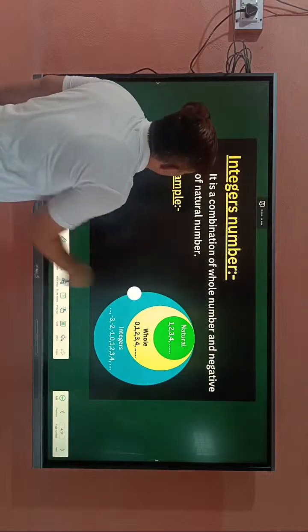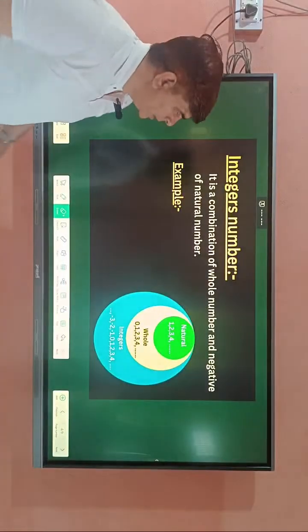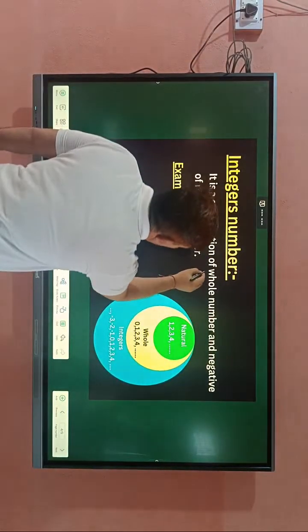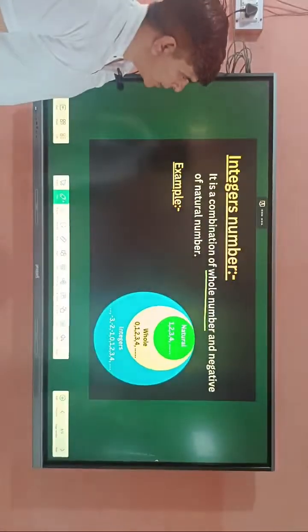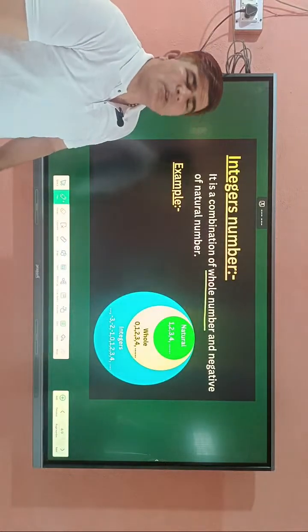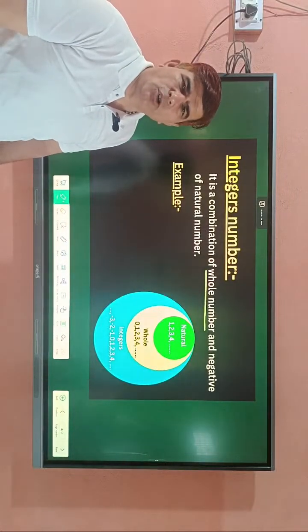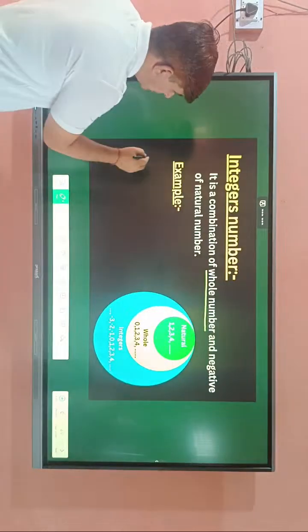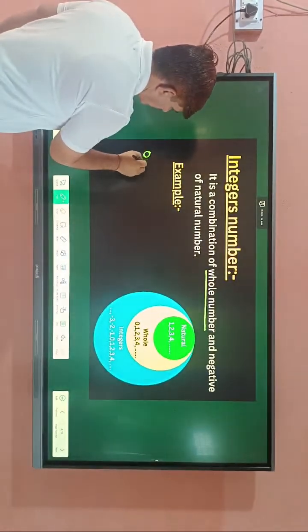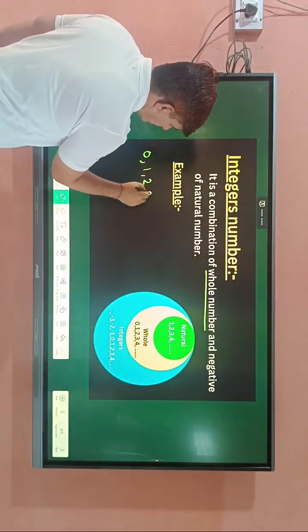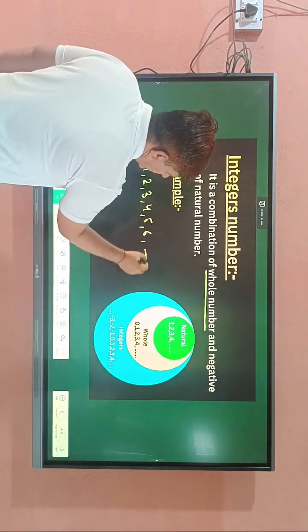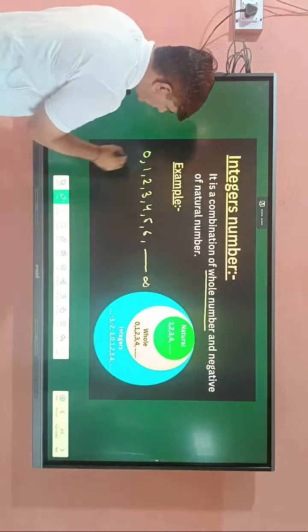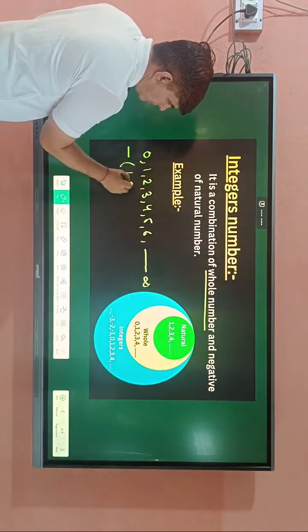It is a combination of whole numbers and the negative of natural numbers. So what's its meaning? These are the whole numbers till infinity. And what is the negative of natural numbers?